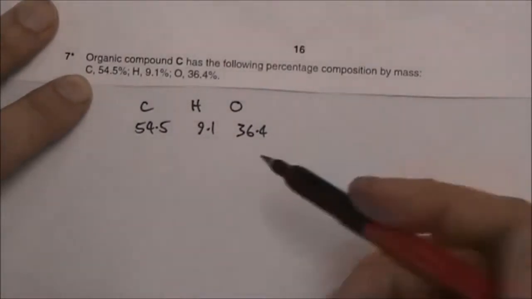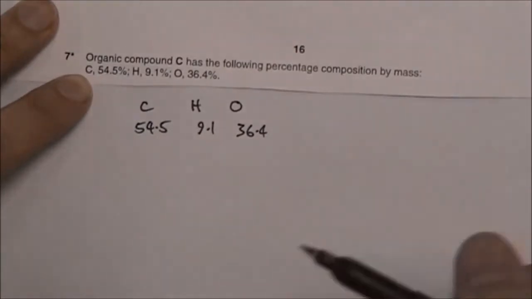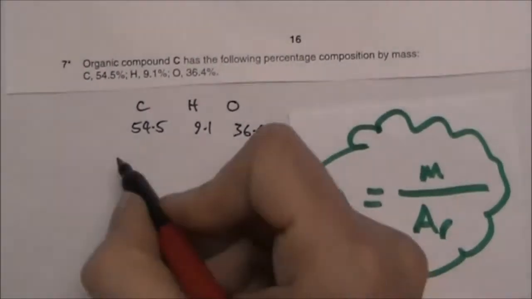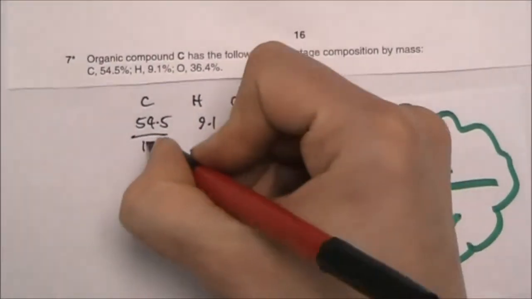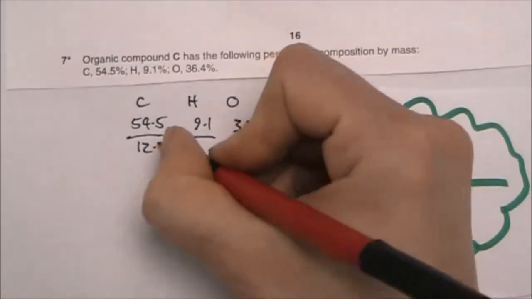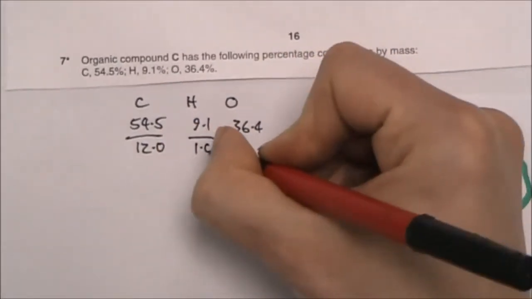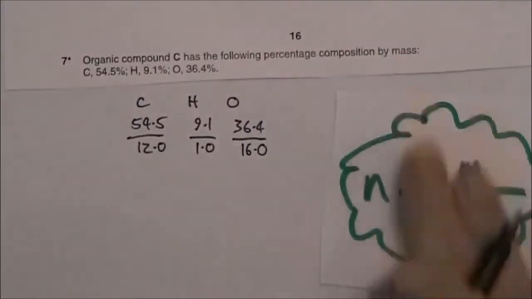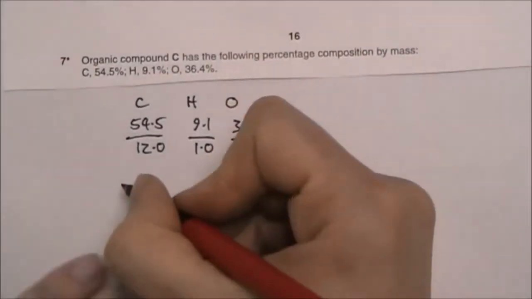If we have a mass, and we look on the periodic table for a relative mass, we can calculate the number of moles. So I'm going to take the relative mass of carbon as 12.0, hydrogen as 1.0 and oxygen as 16.0 from a periodic table. And that will give me the number of moles.